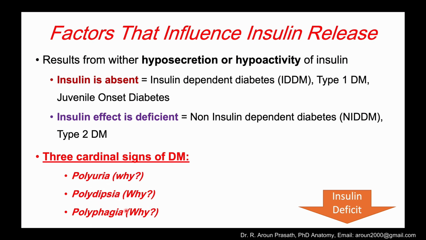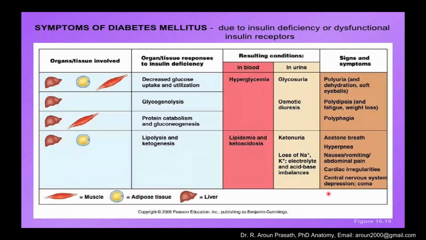Then polyphagia. These are all the signs of diabetes mellitus, and the patient gets confused and all this. So in fact, hypoglycemia is more dangerous than hyperglycemia. Hyperglycemia means increased blood sugar level, and hypoglycemia means decreased blood sugar level.